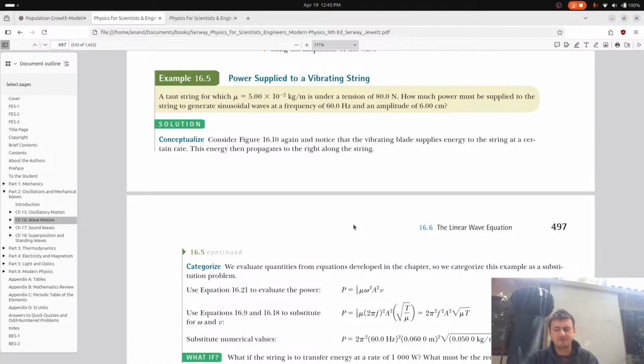I'll have to do this derivation probably 2 or 3 times to get it. But of course, they just want you to plug in numbers like an idiot. If f is equal to 60 hertz and A is equal to 0.06 meters.